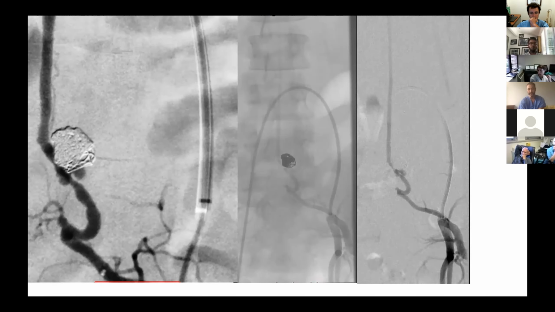And then you can see a follow-up. Those last two panes are a follow-up picture about 6 months afterwards, demonstrating at least some degree of stability in terms of the occlusion. It's not growing anymore. So I think that's the last slide for this presentation.